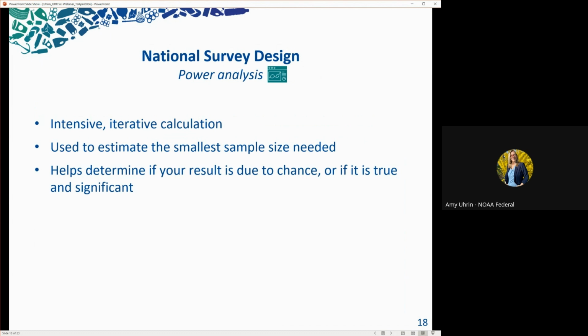So in our case, it's going to help us determine that if we see a change in debris load over time that is greater than or equal to 20%, is this a true change in the debris load, and is it statistically significant, or is it just simply due to chance?